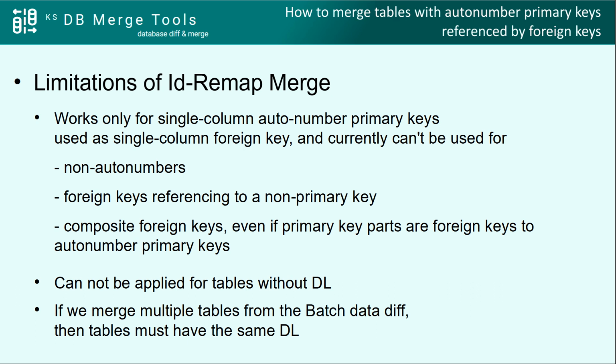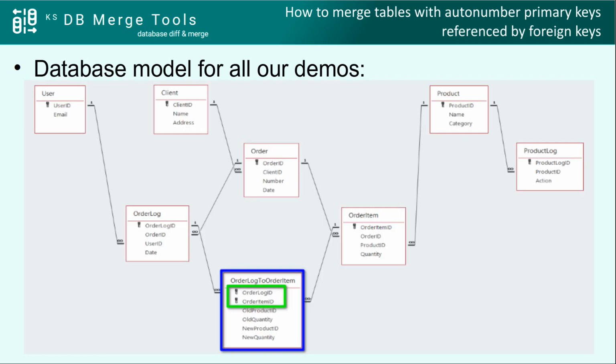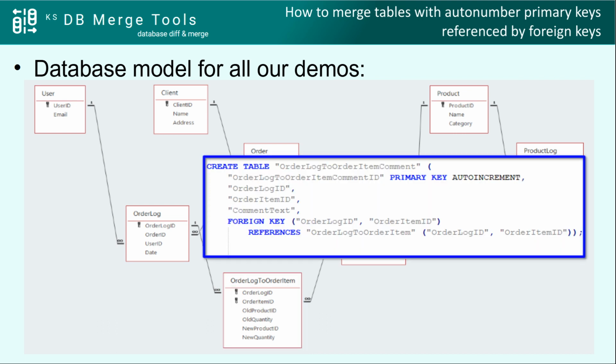And, for the next limitation, let's take another example based on our database model. Table order log to order item has foreign keys to Autonumber primary keys, and as we saw, these foreign key values were updated properly with Id-Remap merge. Now let's imagine that the composite primary key of order log to order item is used as a foreign key for some other table. Values of such composite keys are based on autonumbers.